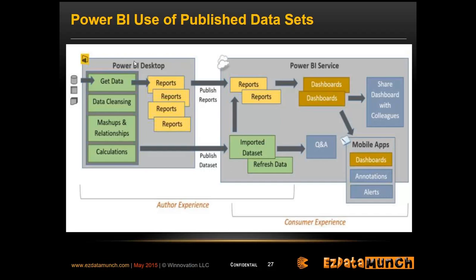Once this content pack is created, you publish it using the Power BI service on PowerBI.com in your private space. The entire content pack is published, and then it can be shared with other users within your organization, whereby you can either share the whole content pack, or only the data set, or only a specific dashboard or report. That's how published data sets are consumed within the organization.